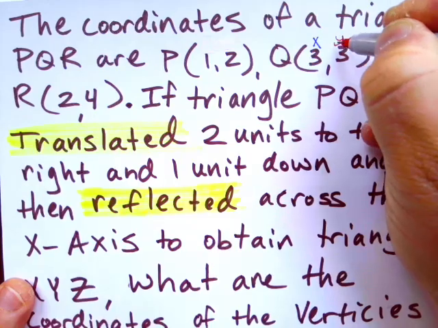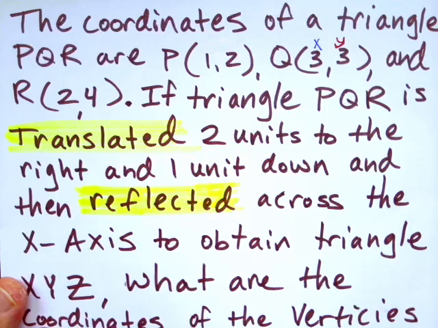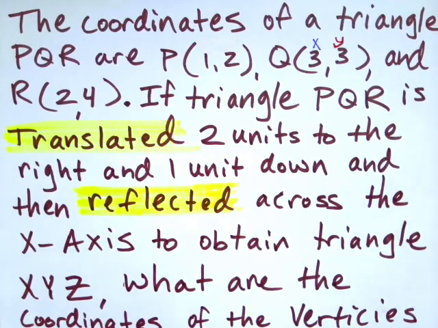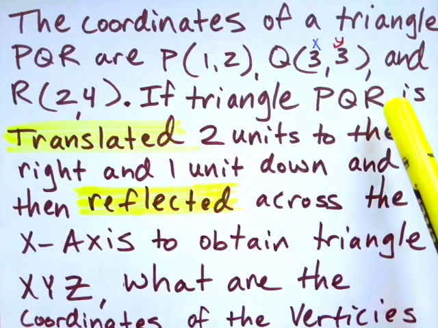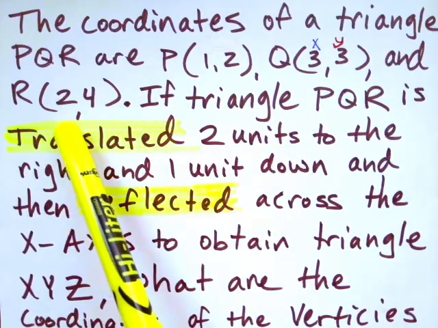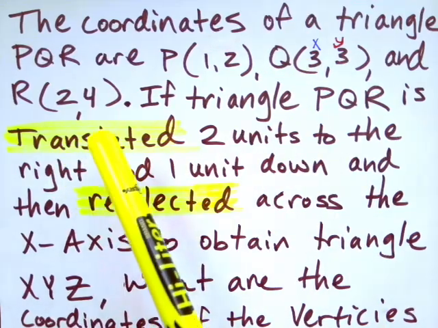So each of these represents an X and a Y value on a graph, which I'll be getting into in the next video. I apologize for the shaky video. I'm working on that, getting a new camera. So P, Q, and R are ordered pairs, X and Y values that you can graph on a coordinate plane.